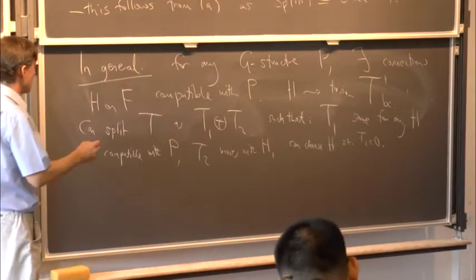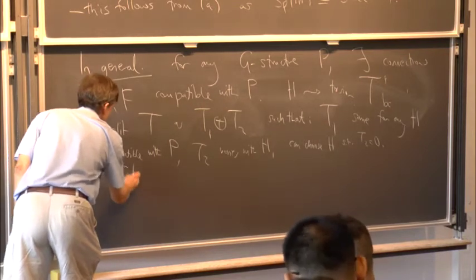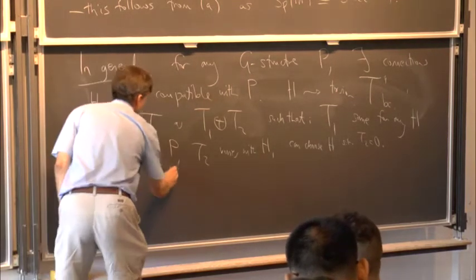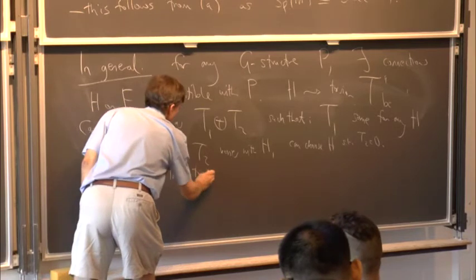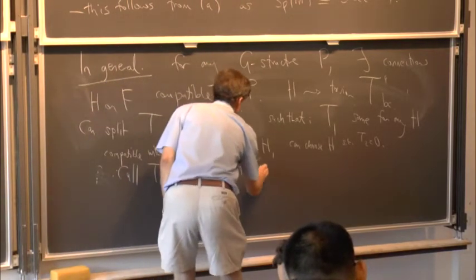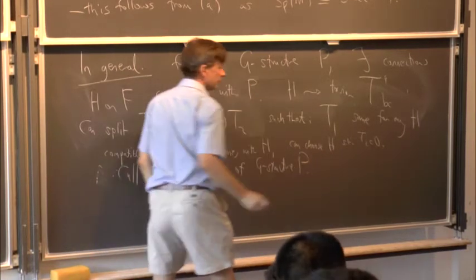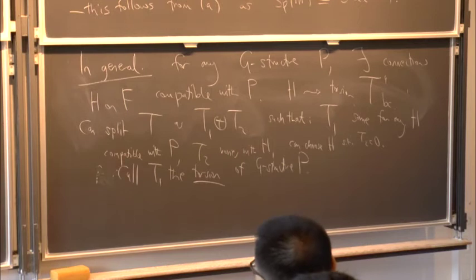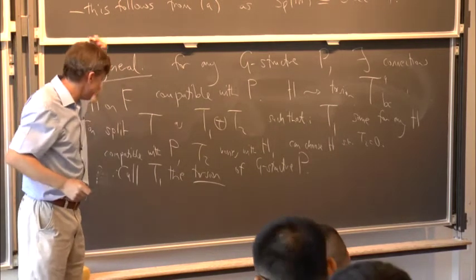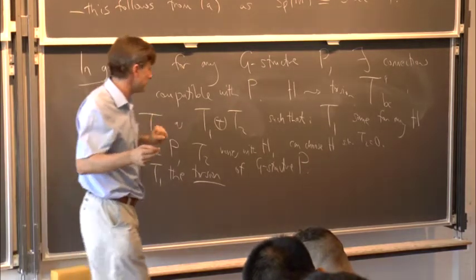And then we define what we call T1 the torsion of the G structure P, and in fact T1 equals 0 if and only if P is torsion free, in the obvious way.